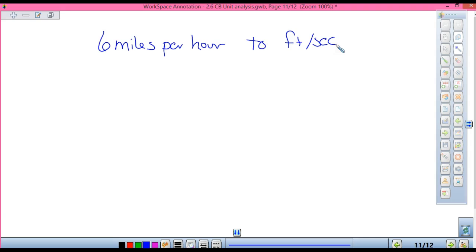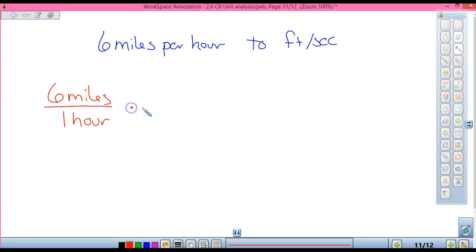If we write this, we write it as 6 miles per, because per means to divide, 1 hour. The first thing I always do is convert my miles into feet.